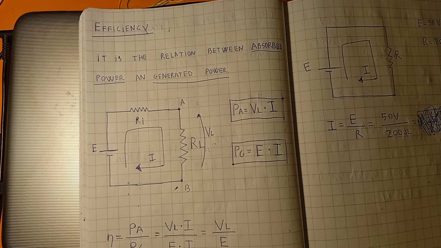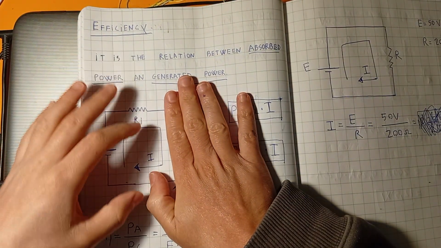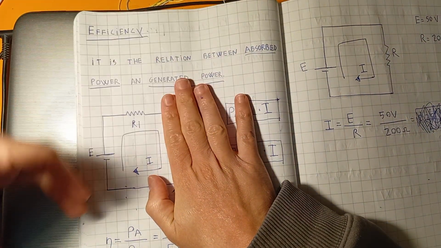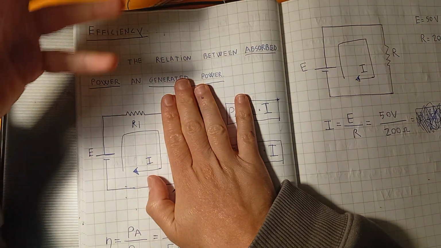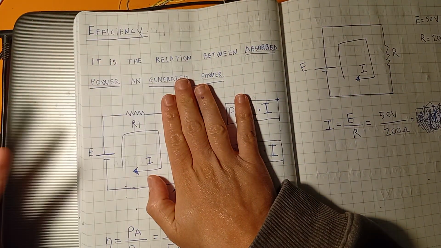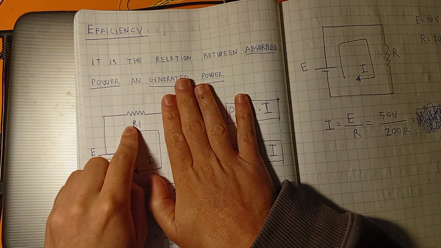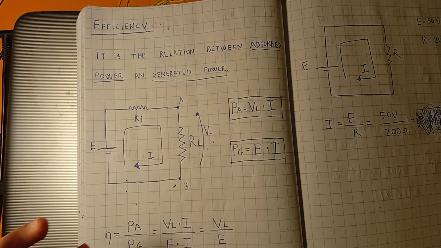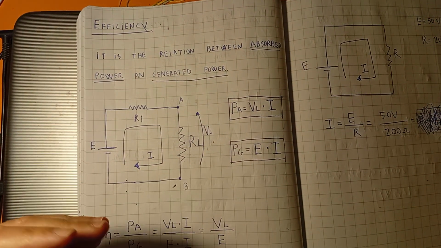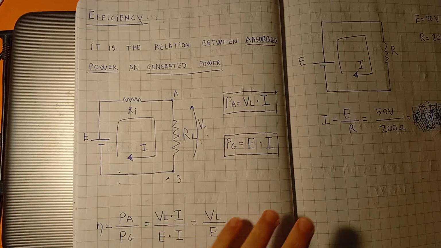Because maybe you have to bring power at a very long distance, so you have to use very long cables, and if you use very long cables, you will have more resistance in the cable. So this is why it is not always possible to have an optimized circuit.